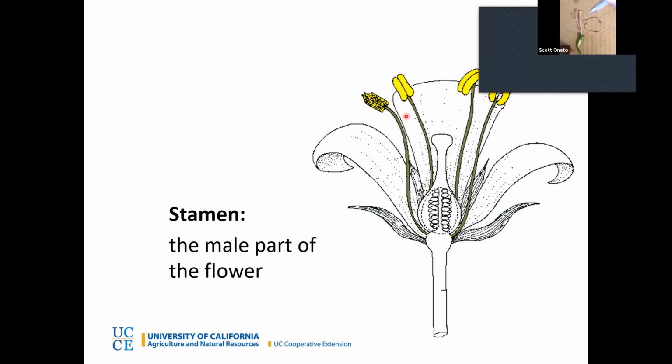Again, all of these are starting to fall off, but I'll point them out here. We have all the reproductive parts that are left. The ones that are starting to curl up and fall off are the stamens. These are the male reproductive structures. That's in the diagram here: these long filaments with these little yellow anthers.